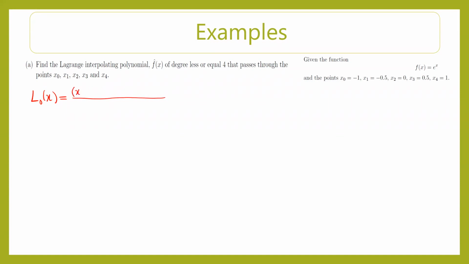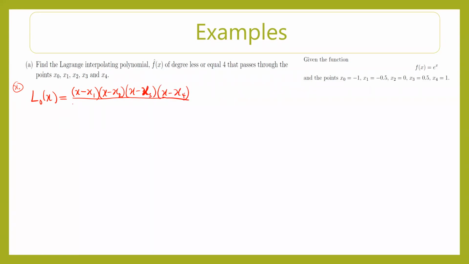Now, I'm going to omit i equal to 0, so the rest will be involved in the product at the top. So it will be x. I will start from x1, since x0 is going to be excluded in the top. So I'll move all the way to all the points, x2, x3, and x4.